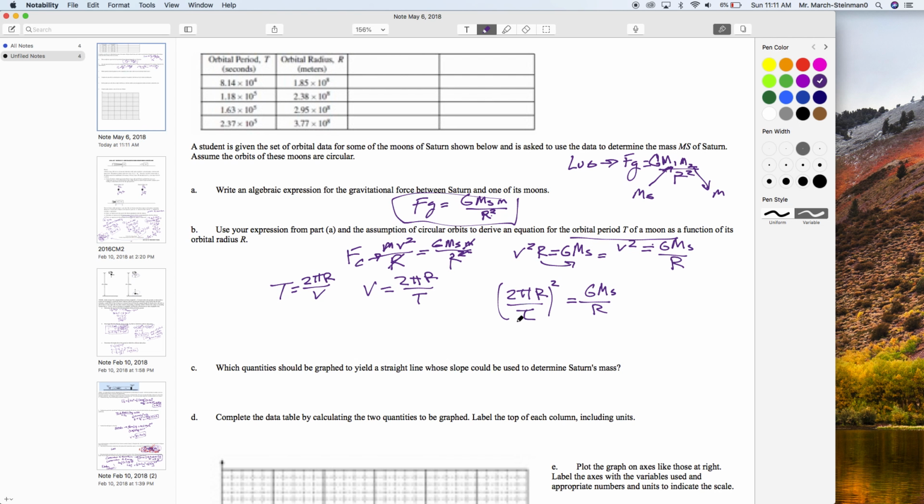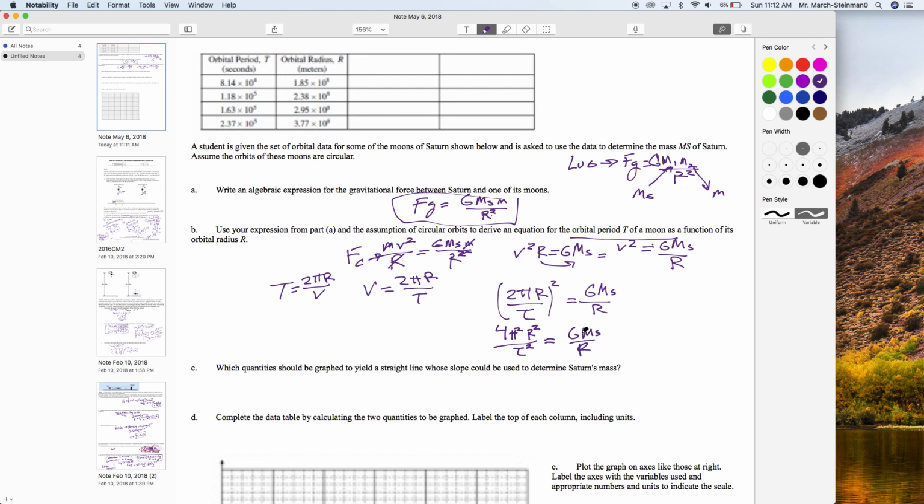If we expand this out, we get 4 pi squared r squared over T squared equals G Ms over r.